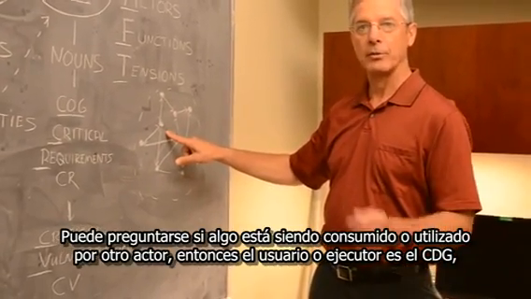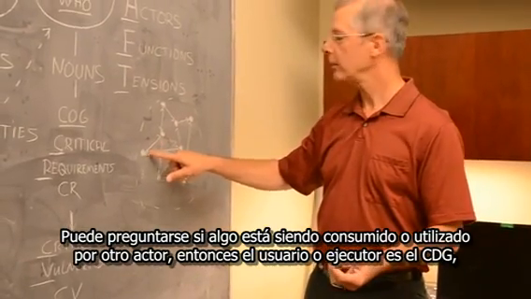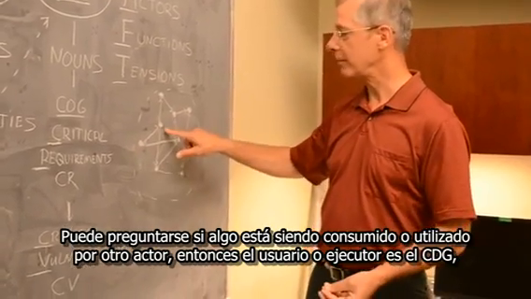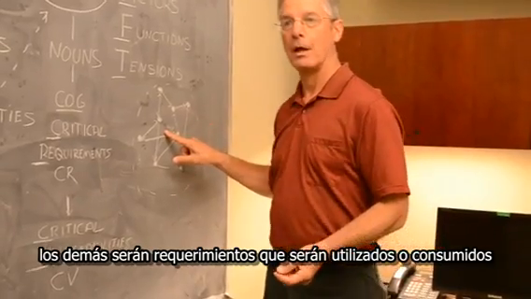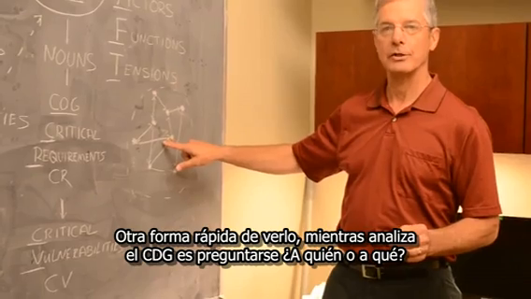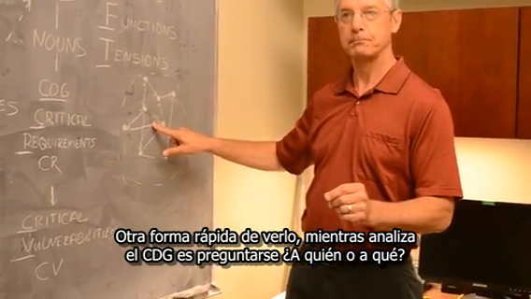You can ask if something is consumed or used by another actor, then the user, the doer, is the center of gravity. The others might be requirements if they are used or consumed. Another TTP to validate your COG selection is to ask the to whom or to what question.